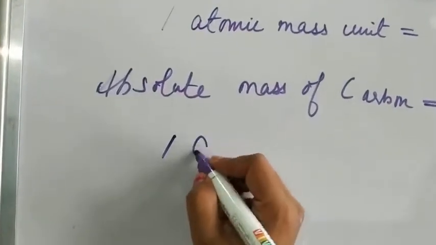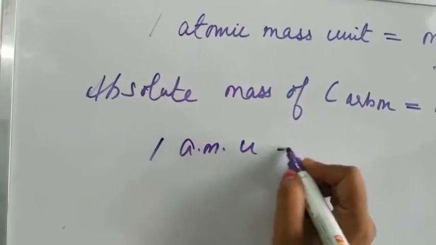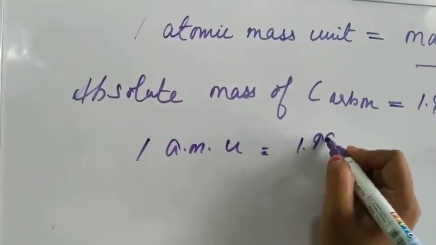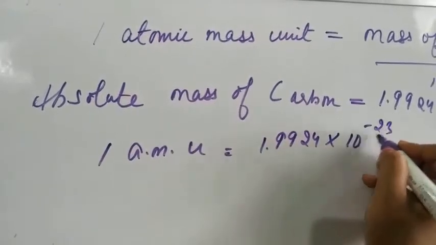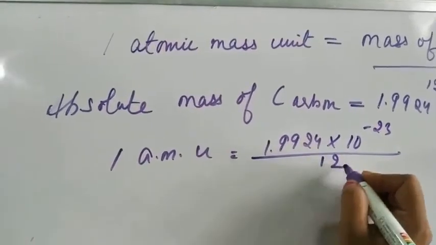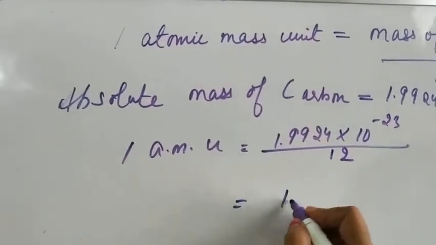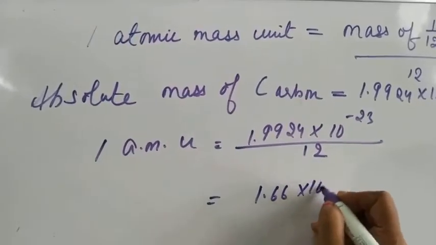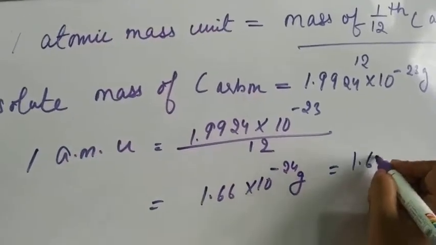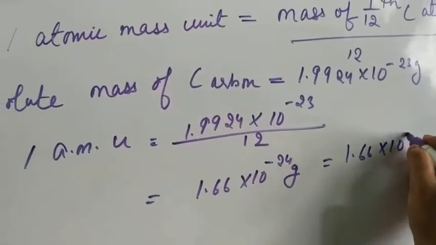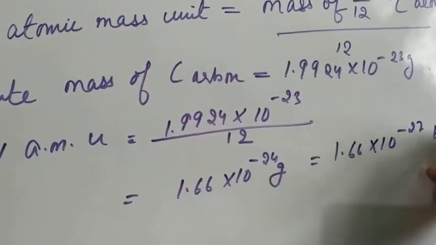Therefore one atomic mass unit will be equal to 1.9924 into 10 to the power minus 23 divided by 12. That will be equal to 1.66 into 10 to the power minus 24 gram, which is equal to 1.66 into 10 to the power minus 27 kg.